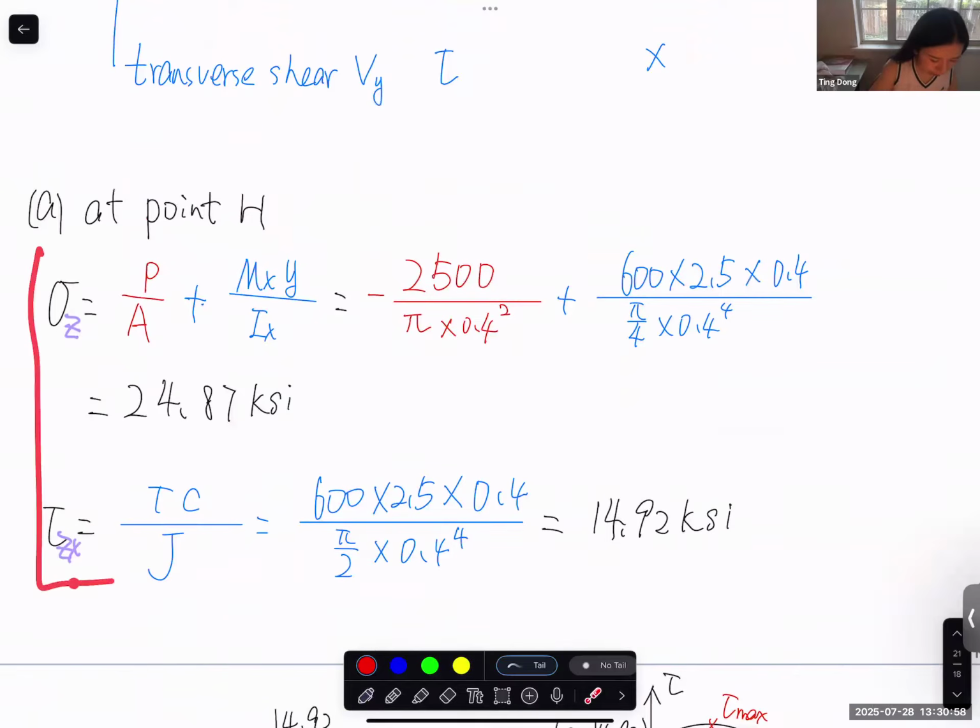Do you agree that yes, it's a 3D problem, but we only have non-zero stress components in 2 dimensions, the x direction and the z direction? There's nothing in the y direction. So we can solve it. Make sense or not? Did that answer your question?